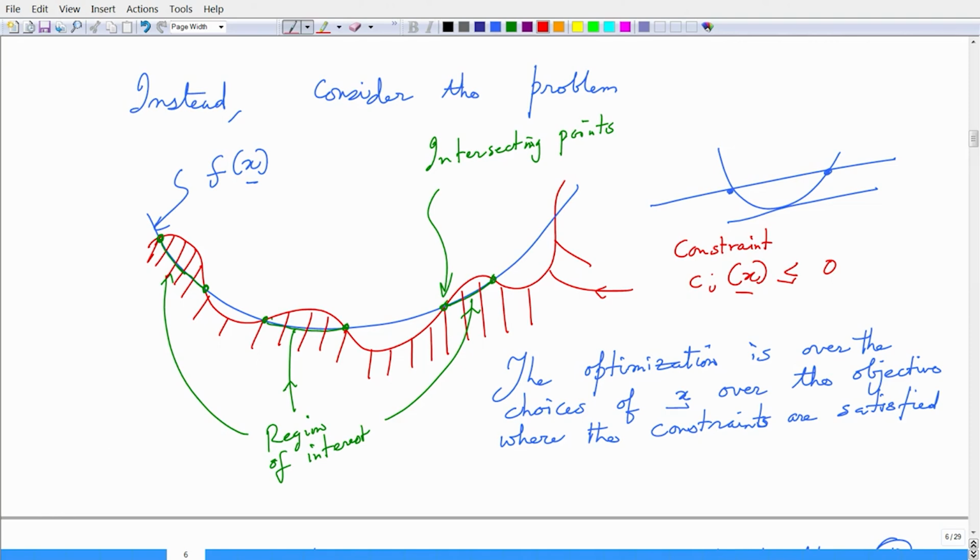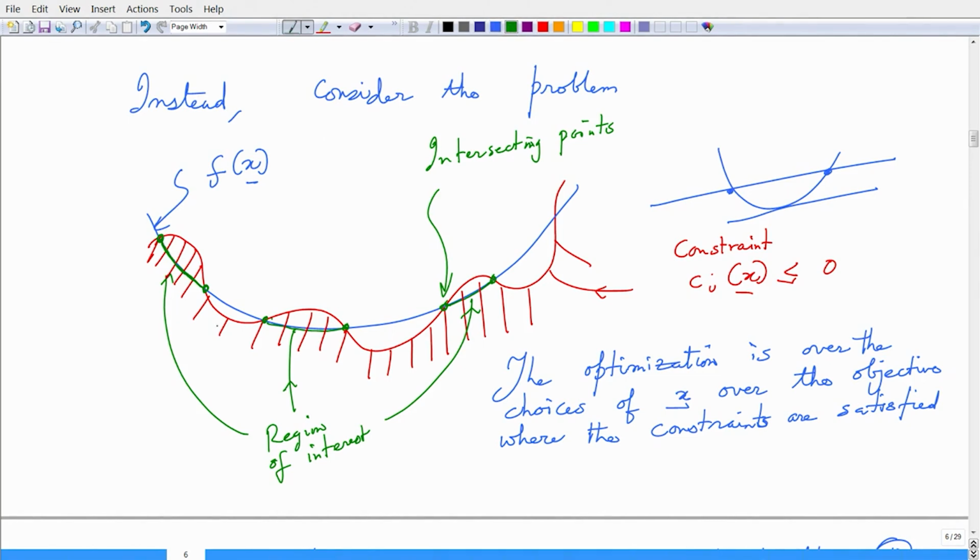This may not be the case when I look into the inequality constraint. When Ci of x is less than or equal to 0, I am looking into points on the curve that are below this curve here. So, it is this region that I am shading. This is what Ci of x less than or equal to 0 means. Now, I am looking into these line segments that I am reshading here for your convenience.